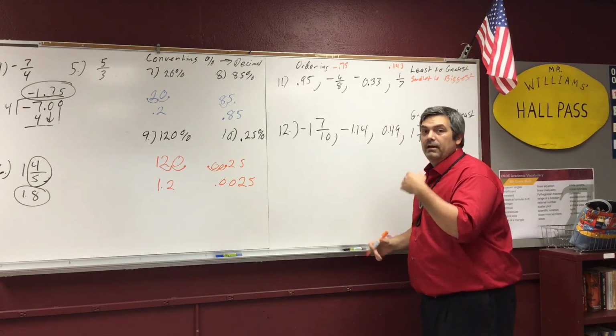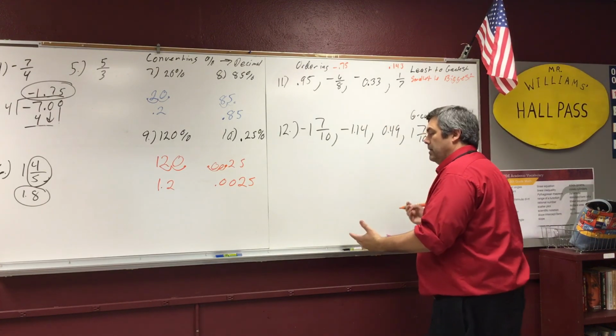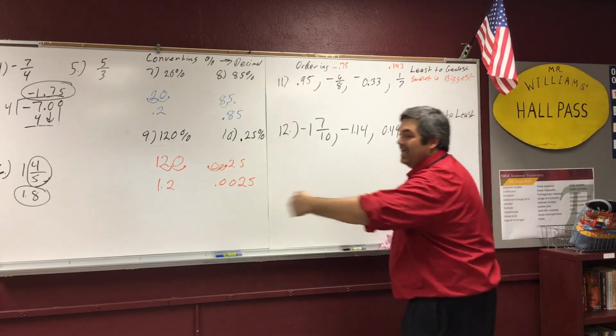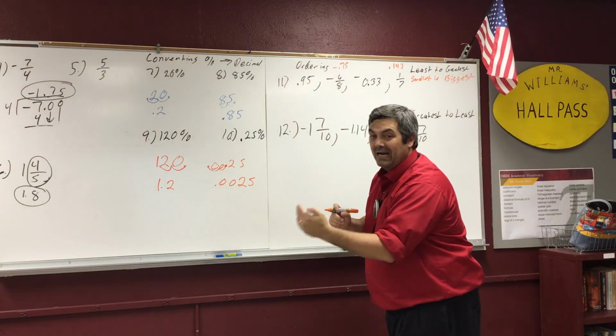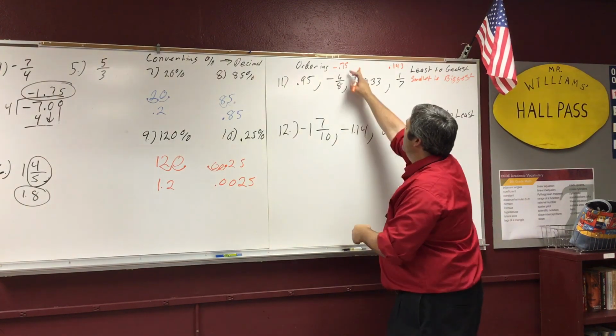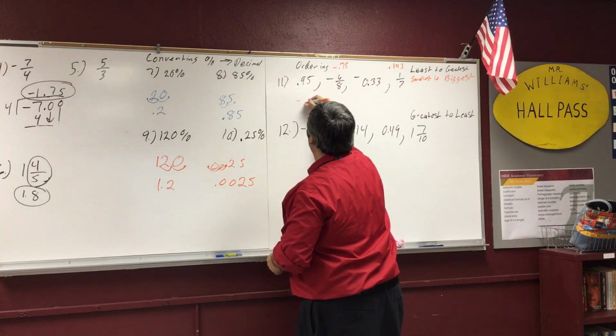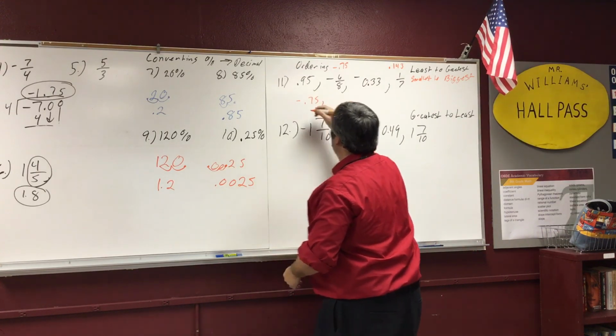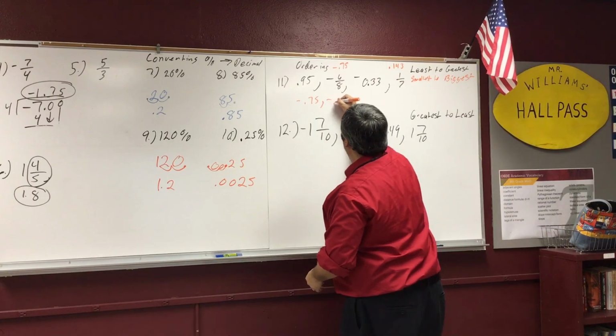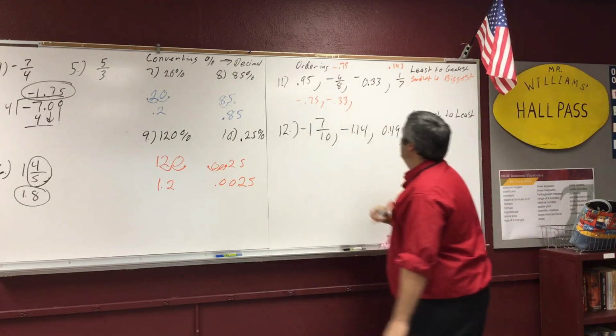Now remember, negatives are smaller than positives, and the bigger the negative number, the smaller the number actually is. So negative 0.75 is going to be smaller than negative 0.33.